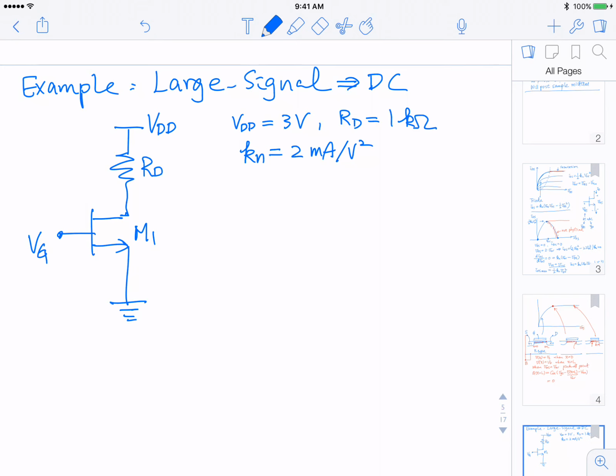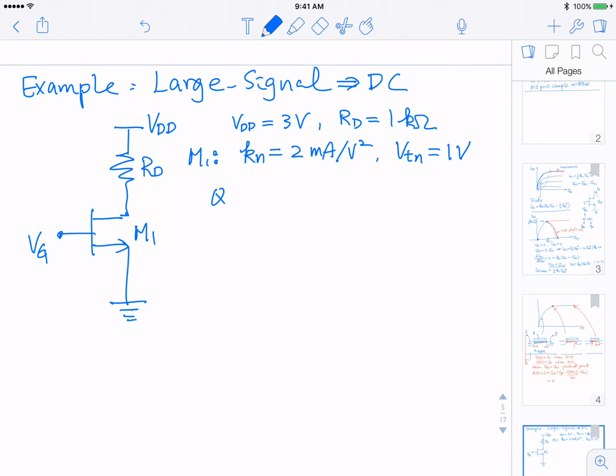And we need Vtn, the threshold voltage for transistor M1. These are the M1 transistor parameters. Let's say 1 volt. I'm trying to simplify the numerical calculation here. So we can ask the question.